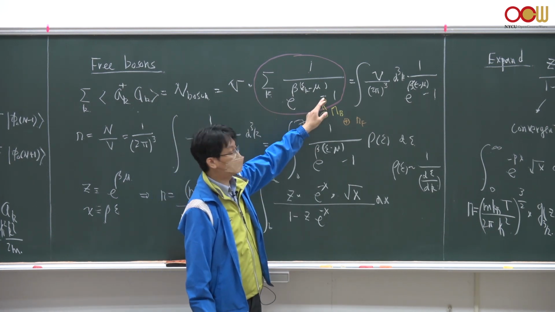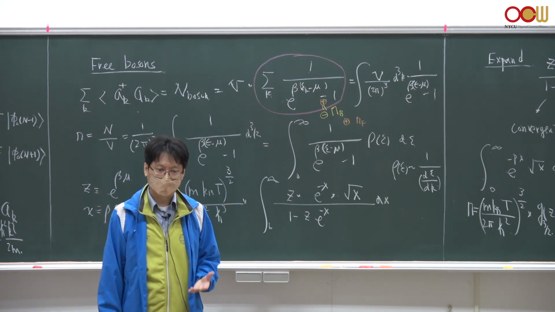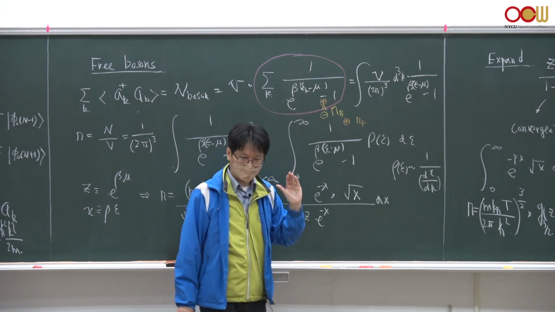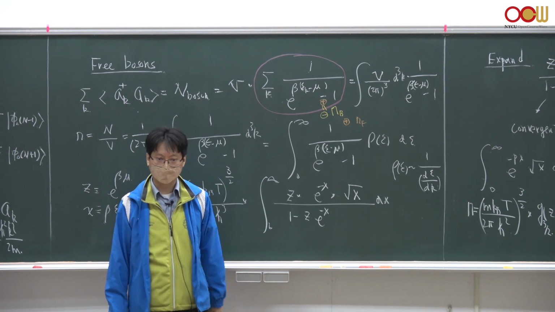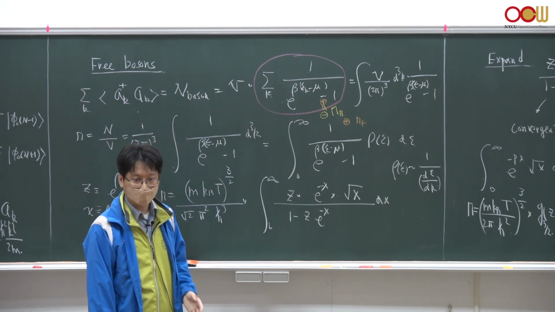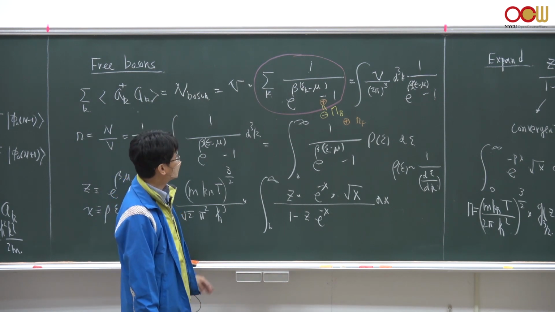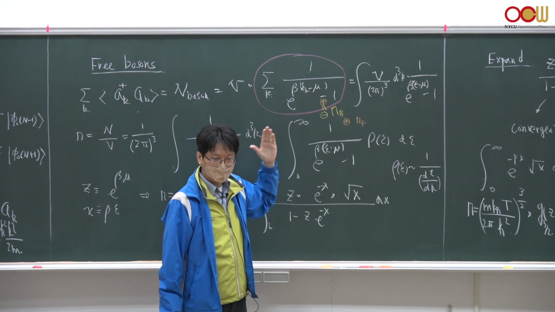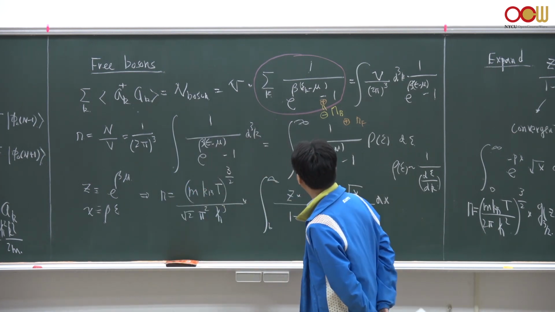Because of this minus sign for boson systems, things dramatically change, because you will see later that there is a divergence of the Bose-Einstein distribution function in the zero temperature limit, when the chemical potential almost vanishes. And as I mentioned, this minus sign is already a hint of the BEC phenomenon.